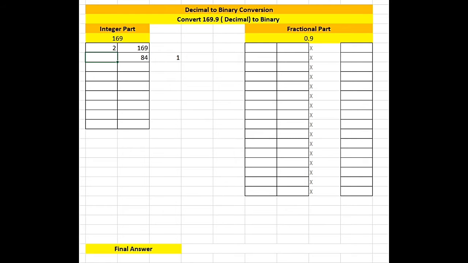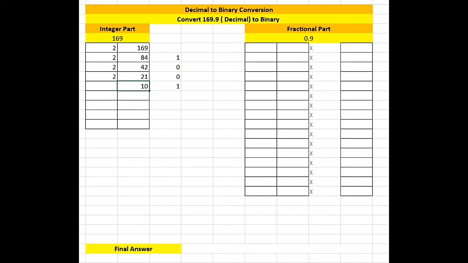Again, if we divide 84 by 2, we have 42 as the result, and the remainder is 0. Then if we divide 42 by 2, we get 21, and the remainder is 0. Then again we divide 21 by 2, and we get 10, with a remainder of 1.